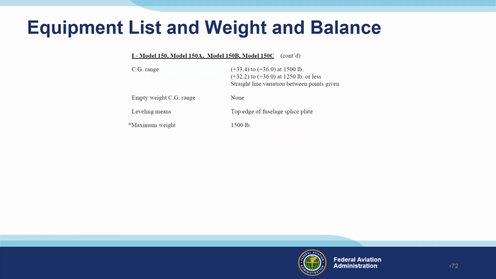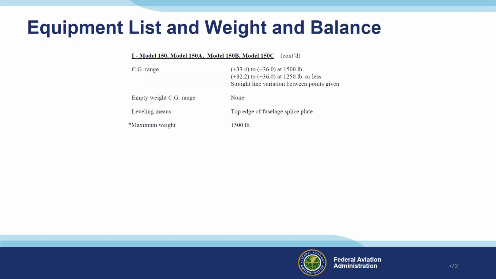Now, if you use a different fuel or you put a different propeller on it, then it doesn't meet its type design any longer. Unless it's an approved alteration, like an STC propeller, or maybe they have an STC for using automotive fuel.